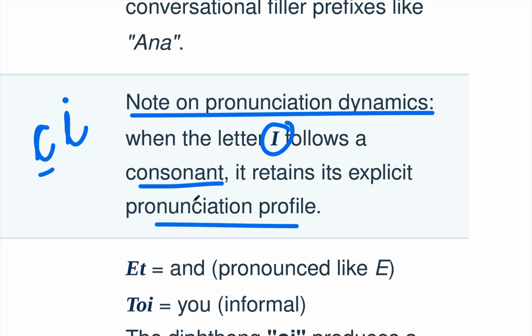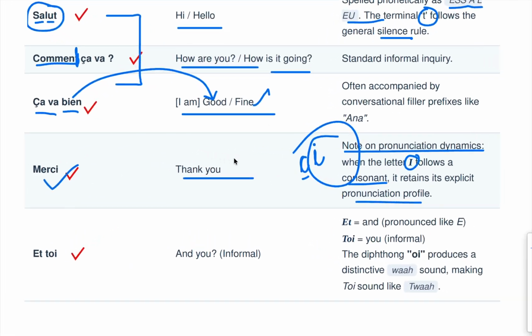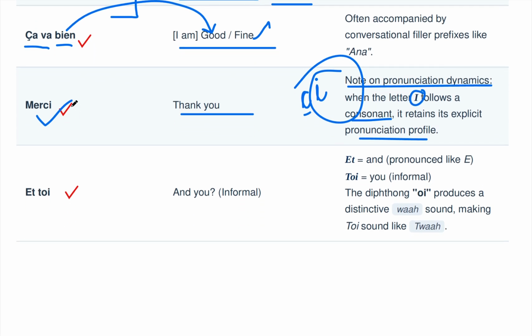It means we will pronounce that I. So that is why we are saying merci here. Understood? If the I comes after a consonant, you have to pronounce it. Merci means thank you.